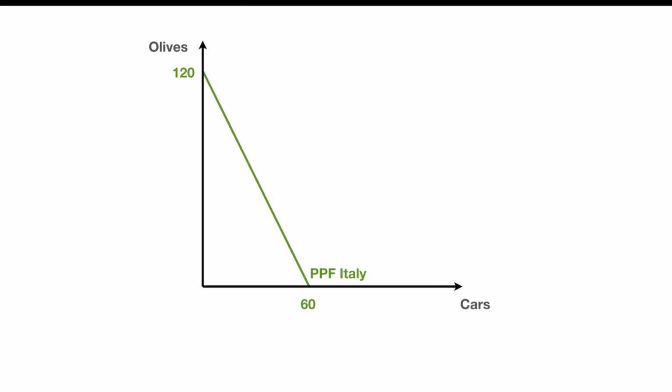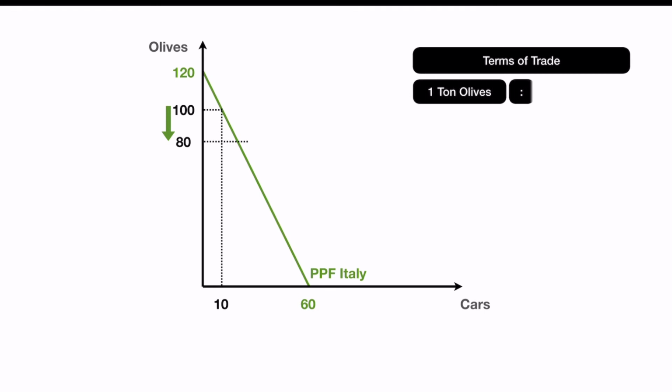Originally, with no trade, Italy's consumption is constrained by its PPF. However, if they specialise, allocating a large proportion of resources into olive production and produce 100,000 tonnes of olives and 10,000 cars, they could then retain 80,000 tonnes for themselves and give up the other 20,000 for trade.